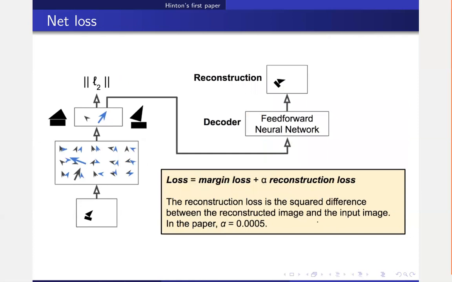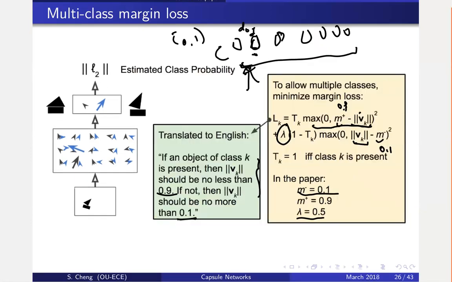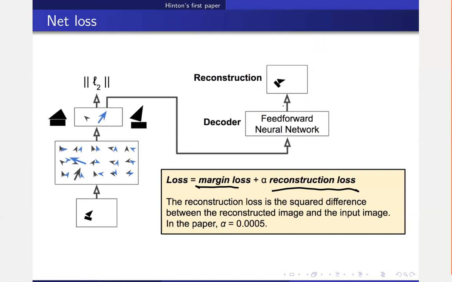For the net loss, besides the margin loss we just mentioned, we can also introduce a reconstruction loss. After you create a capsule representation at the very end, you can take the capsule, for example when you classify to dog, and try to reconstruct back the original input.